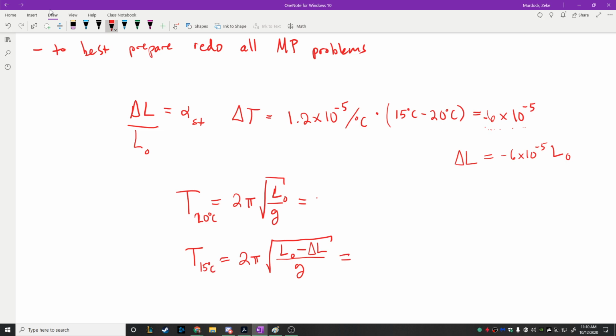But this quantity, L naught minus delta L, would be equal to L naught minus 6 times 10 to the negative 5. So this would be equal to L naught times 1 minus 6 times 10 to the negative 5. That's basically what L naught minus delta L is, right?